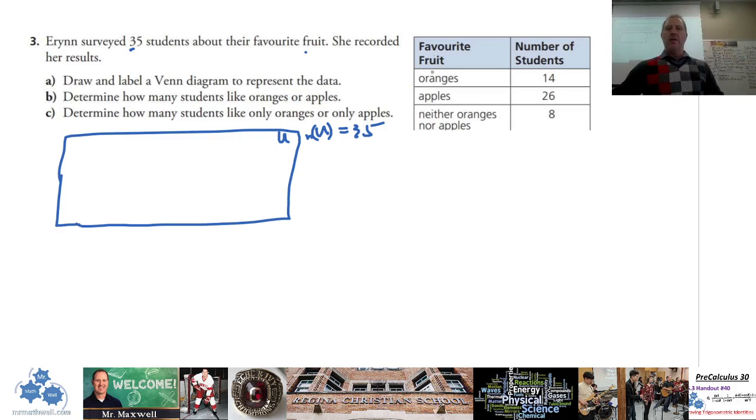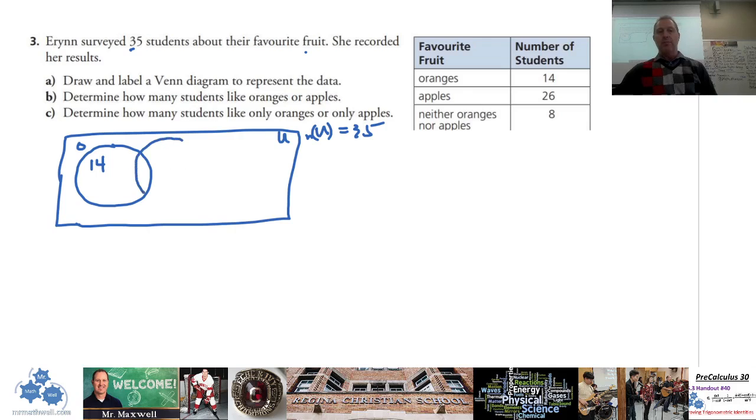So the Venn diagram, it looks like I'm going to have a circle in here for oranges. Now there's 14 people that like oranges, so I'm going to put 14 in there. But there are also people that like apples as well. So there may or may not be overlap here.